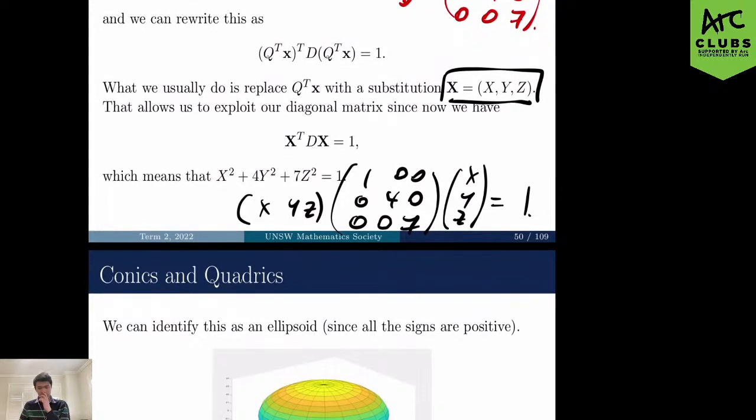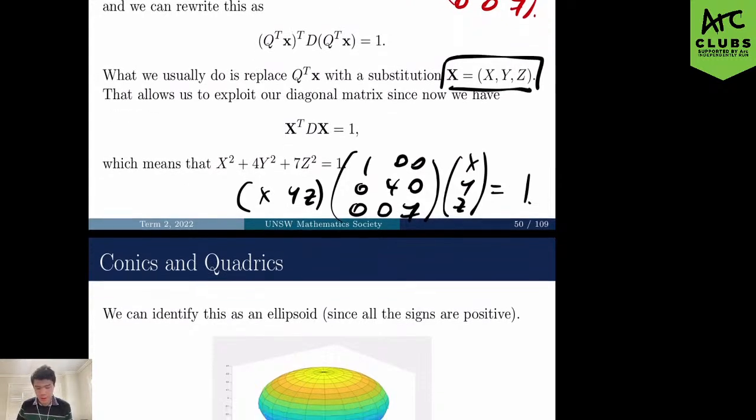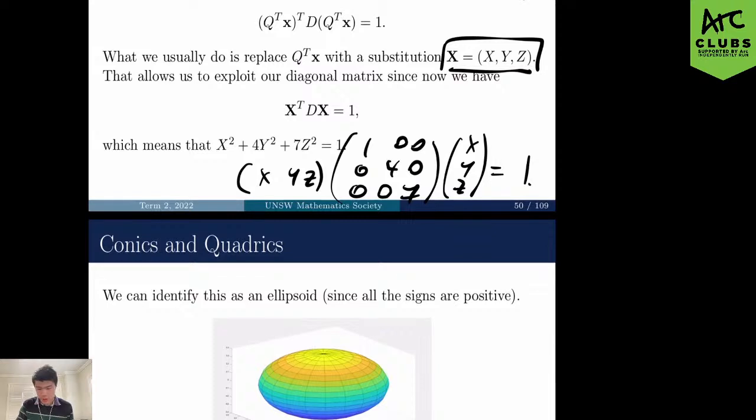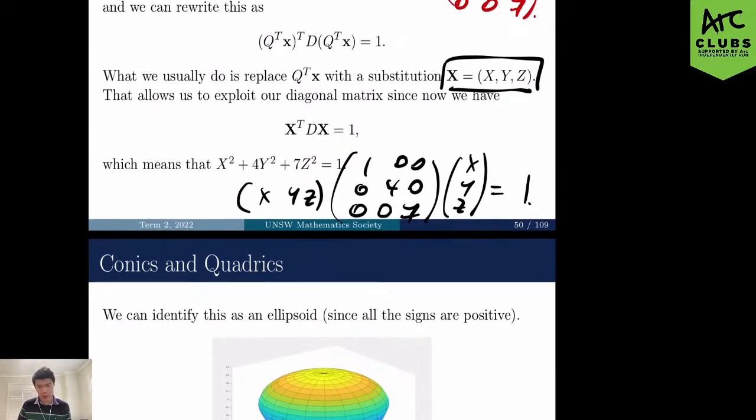Okay, and so once we've done that, essentially what we can work out is that this reduces. Remember when I was breaking down the coefficients before, these diagonal terms corresponded to x squared, y squared, and z squared. And these off terms corresponded to the things we don't like, so like xz, xy, yz.